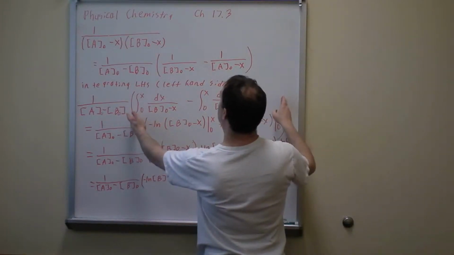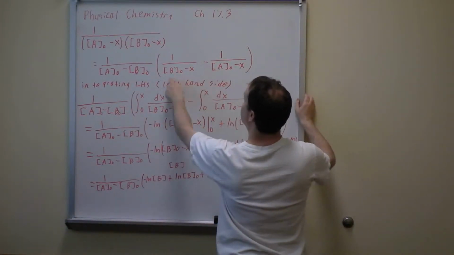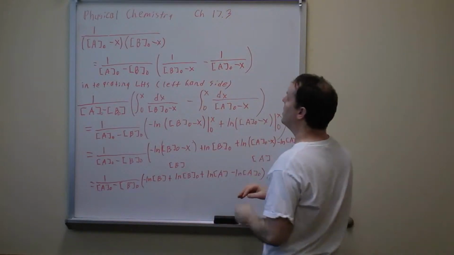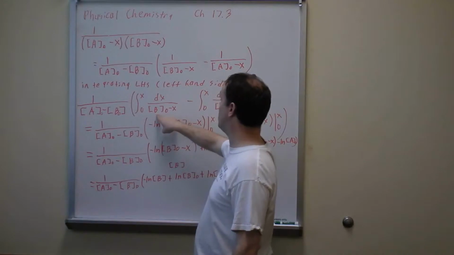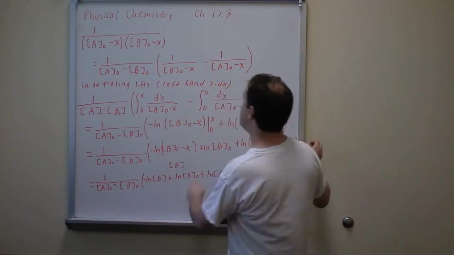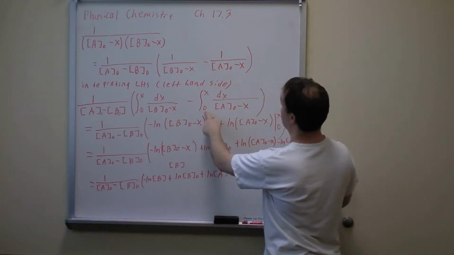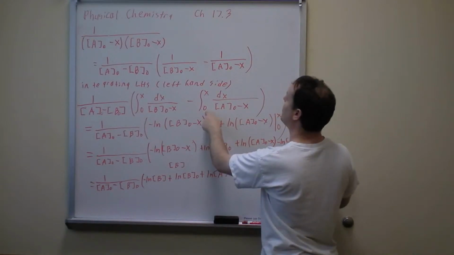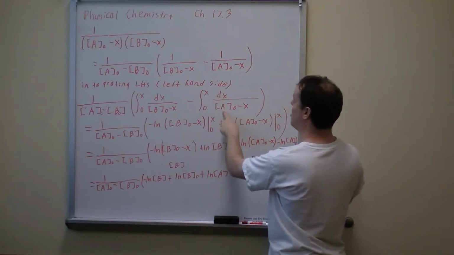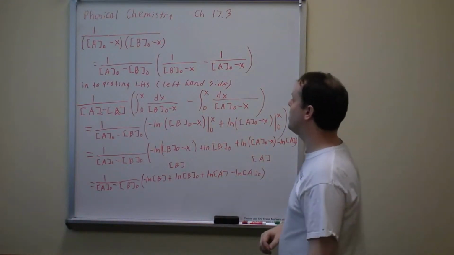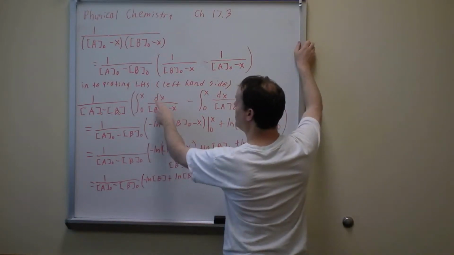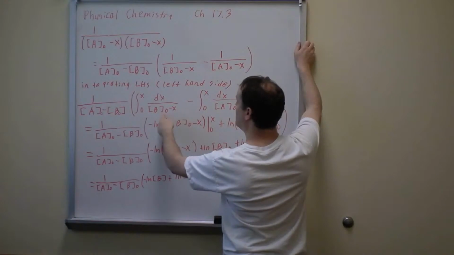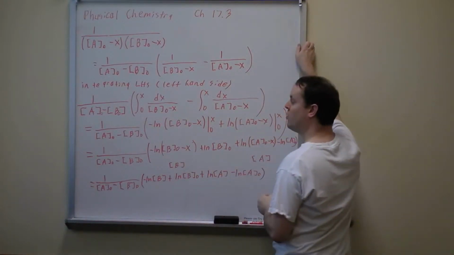And all that is times, we're going to do these integrals separately because they're separate. So we're going to integrate from 0 to x of dx over the initial concentration of B minus x, minus the definite integral from 0 to x of dx over the initial concentration of A minus x. Now that's going to give us, remember, an integral of 1 over whatever is going to be a natural log.